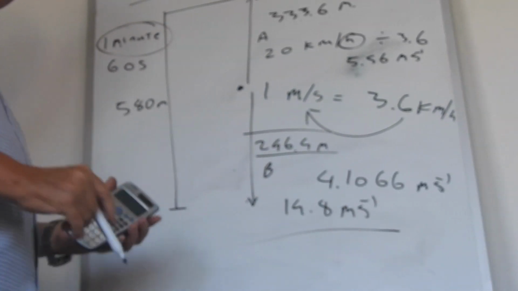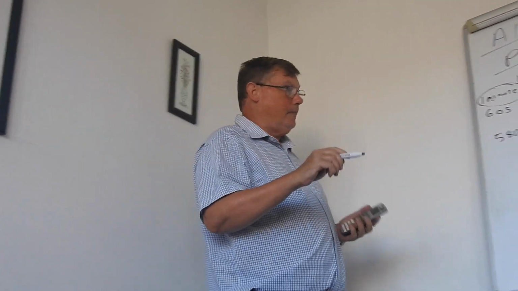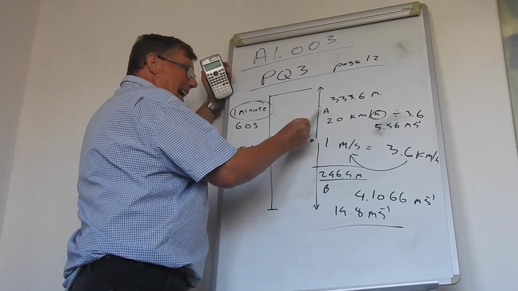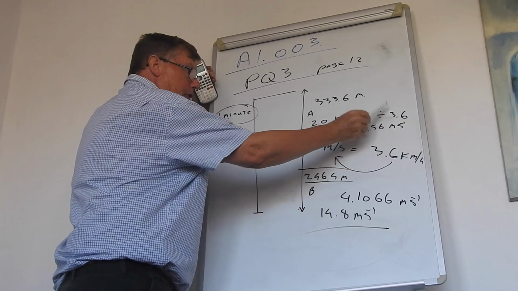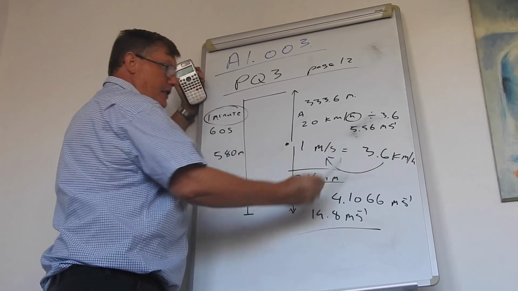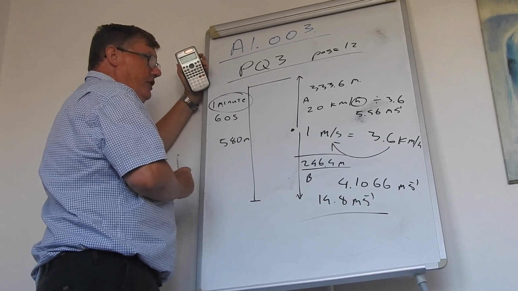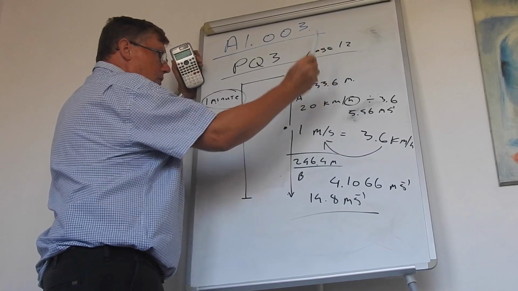That's an interesting question because it involves conversions. One last time, go over this. Ready? You are told that A is travelling at 20 kilometers an hour. Divide by 3.6, turn it into meters per second. Times by the time they travelled, 60 seconds, 1 minute, to give the distance they travelled, 333.6 meters.